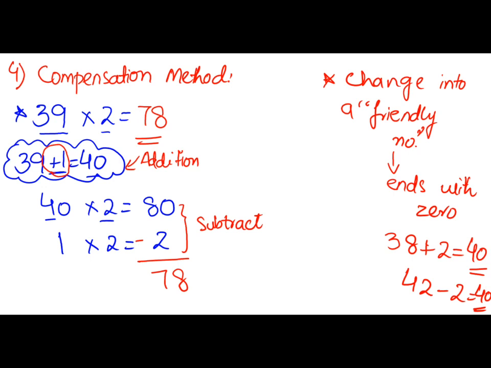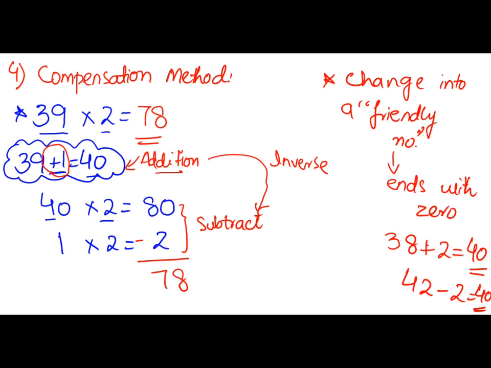There is one more thing you have to remember. If you do the addition in the first step to change the number into a friendly number, you have to do the inverse at the end to get your answer. If you have done the addition, then you will subtract at the end.